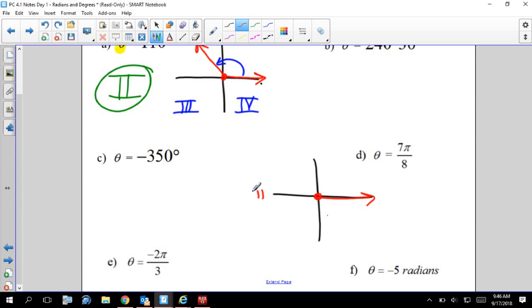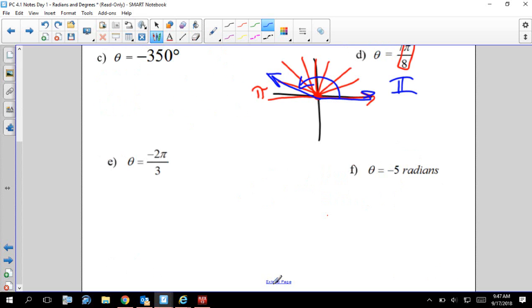Okay, pi. This says take pi and divide it into how many equal places? There's 2. There's 4. There's 8. How many of those am I traveling through? Did I need a calculator for that? There it is. 7/8 pi. Quadrant 2.